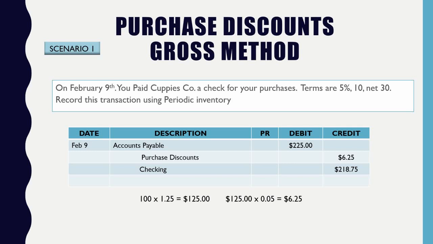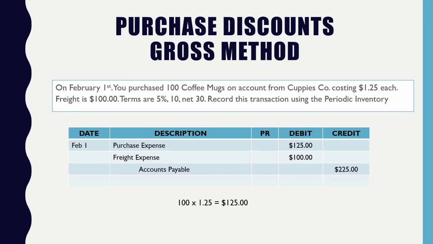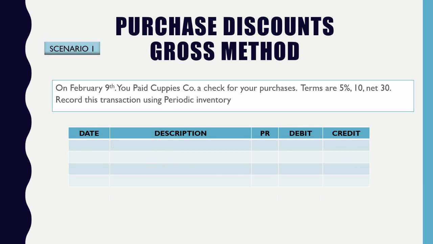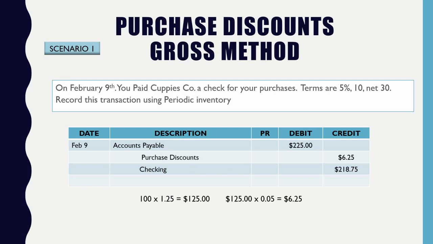If my first account was purchase expense itself, that was the first thing we did. We bought something. So now if I want to decrease my purchase expense, I can only decrease it by using a contra account. Here, my purchase discounts goes against my purchase expense.